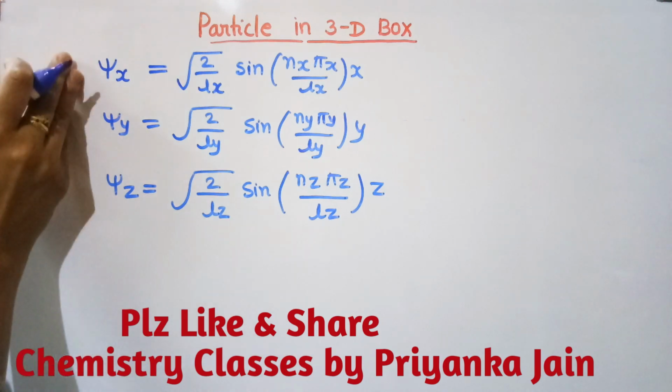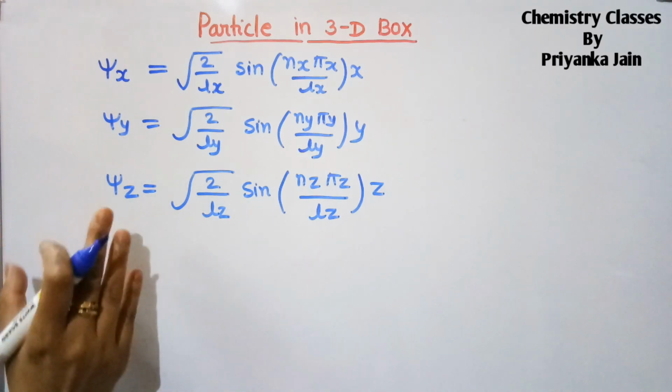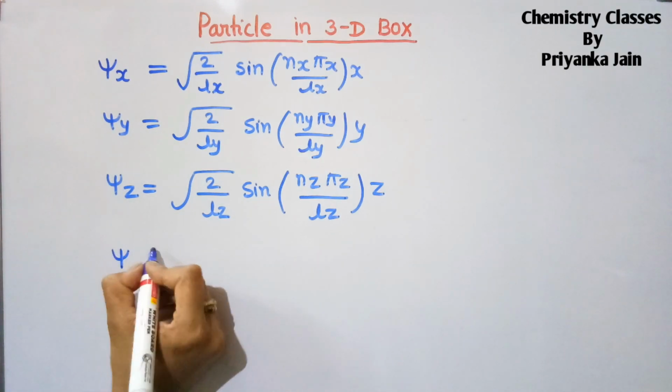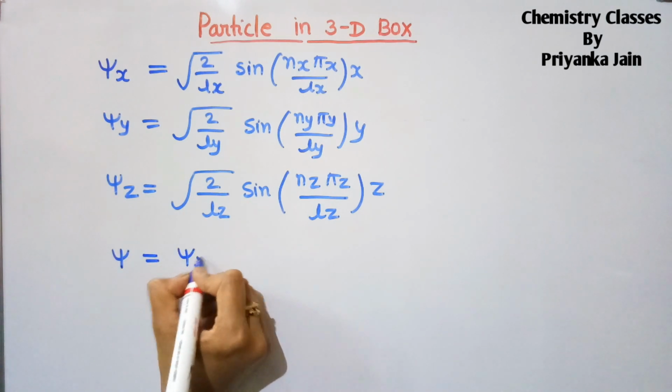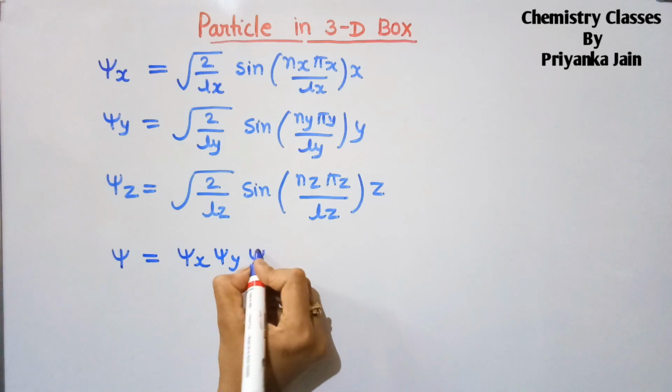And we know that this is multiplicative in nature. So when we have to find the total value of psi, we just multiply them, psi x, psi y, psi z.